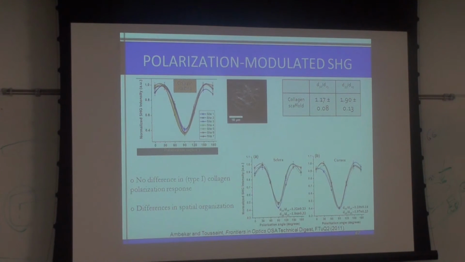But the idea we were exploring was whether or not these numbers would change as some function of some type of molecular change in the collagen. And to do that, we looked at breast biopsies as a function of different pathologies. And we looked specifically at normal breast biopsy and compared it to something that looks like scar tissue, hyperplastic, something that looks precancerous, called dysplasia, and something that was actually malignant, right?